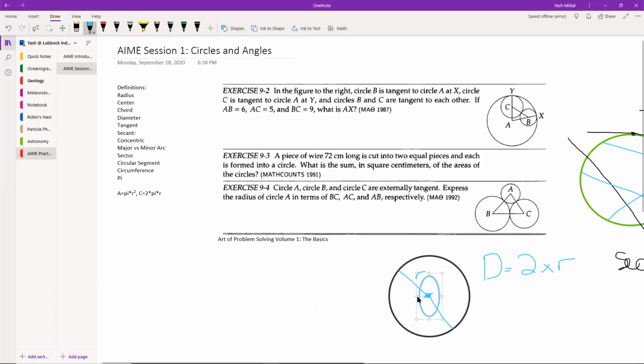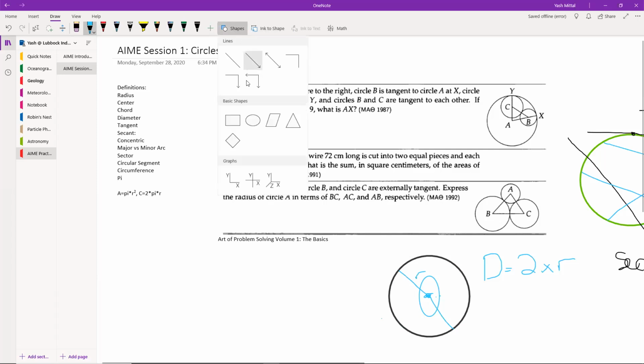Let's say we have 2 circles that are surrounding each other, and let's pretend that the oval is a circle, with a point as the center right here. Let's say this is a circle that is surrounded by another circle. If they have the same center point, that means they're concentric with each other. Concentric means same center, essentially. So if one of them is bigger than the other, but they have the same center, it's concentric. So that's all you need to know about that.